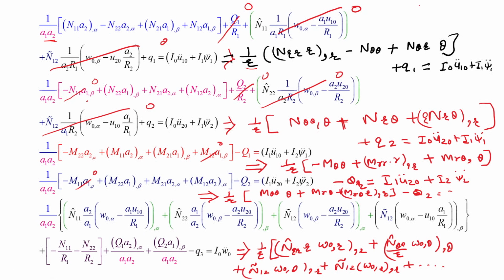So, alpha is our R and beta is our theta, or we can say that 1 is our R and 2 is our theta.